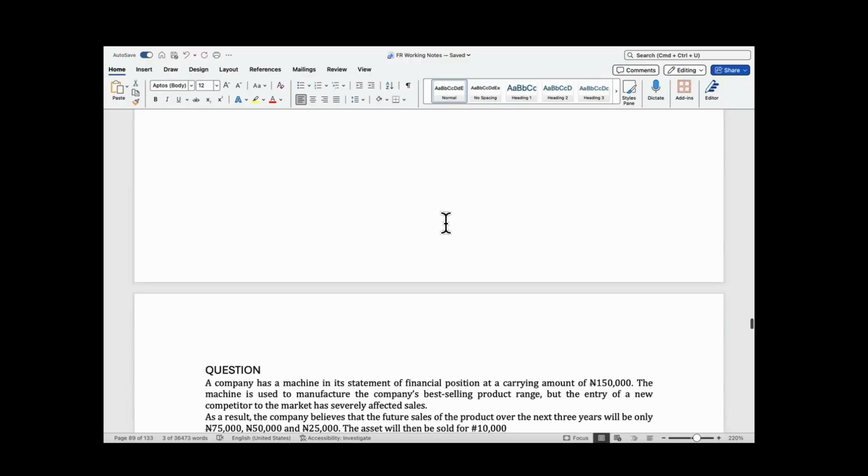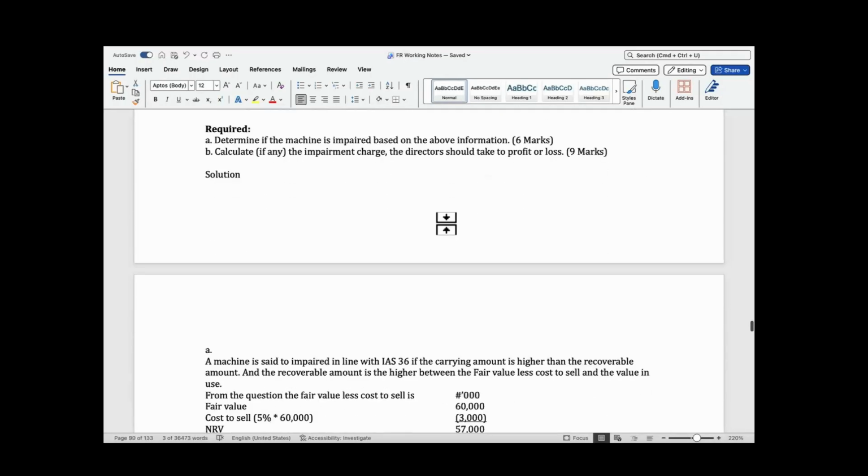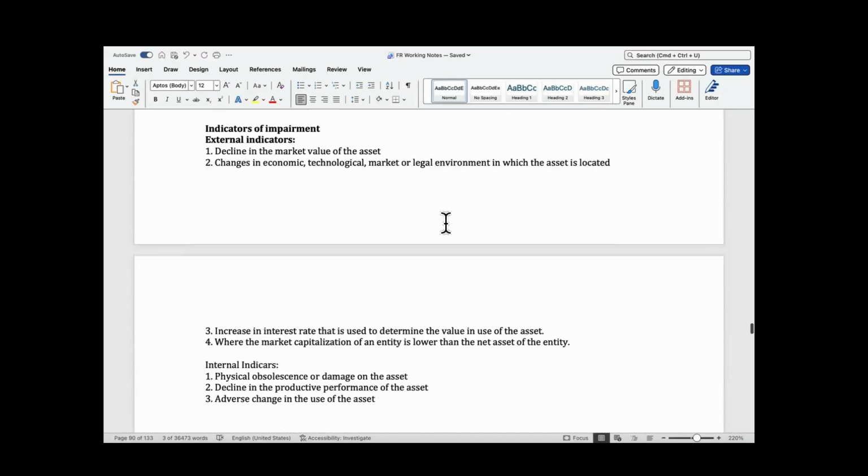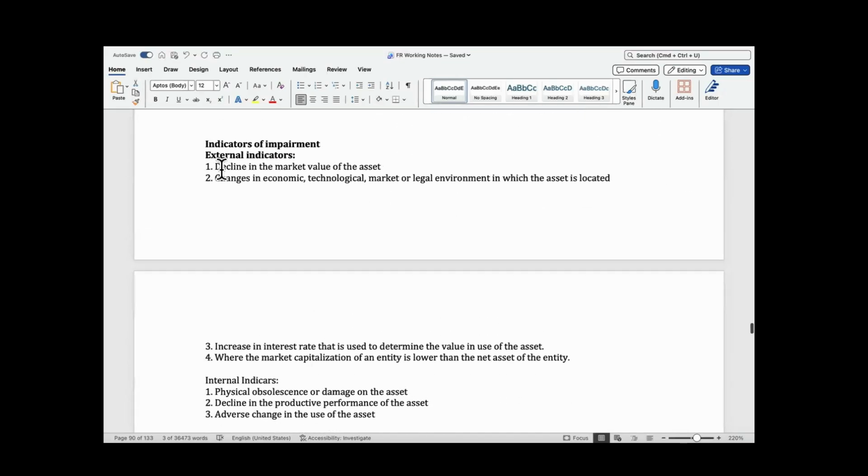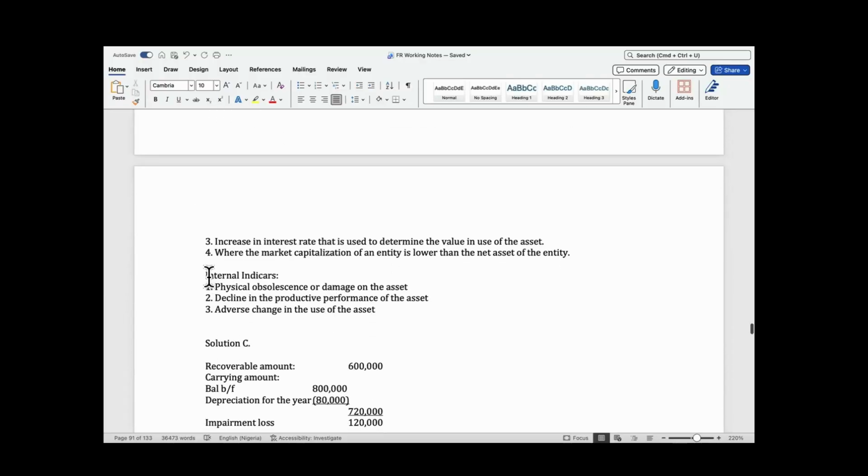And that is evident in the indicators of impairment. When you look at the indicators that I mentioned, like the external indicators, like when there's a decline in general market value, or when there is a change in economic or technological markets, legal environments, interest rate, market capitalization. And when you look at the internal indicators, we're talking about physical obsolescence or damage, or there was an accident.